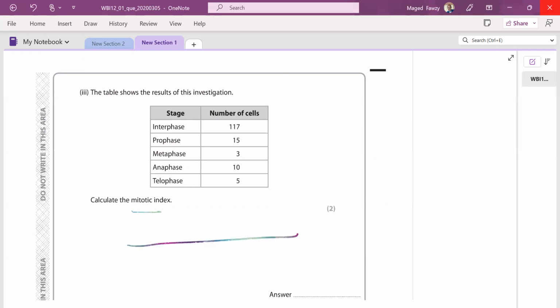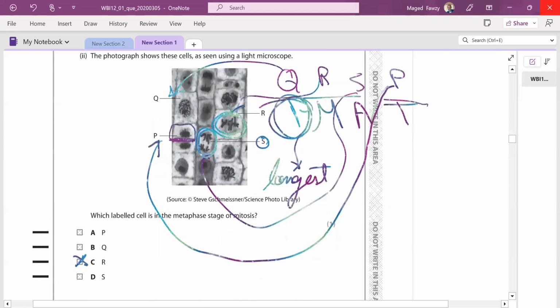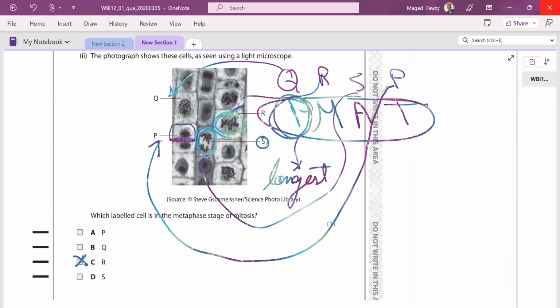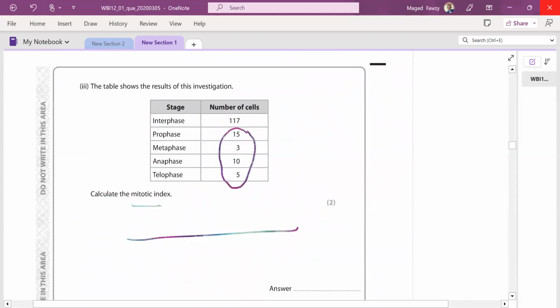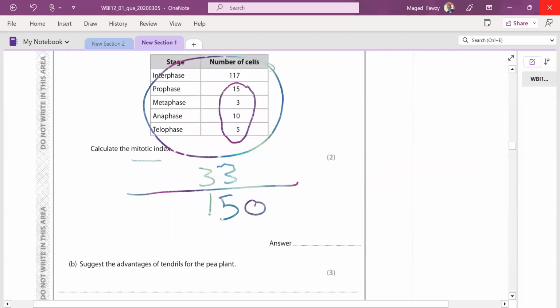Okay, we calculate the number of cells that undergo mitosis, in the stages of mitosis itself, which are prophase, metaphase, anaphase, telophase. I remember them as PMAT, like a slogan of a company. So we calculate the number of cells that undergo mitosis divided by the total number of cells. So 33 divided by 150 times 100, because the index is a percent.